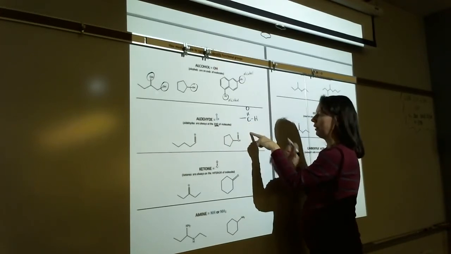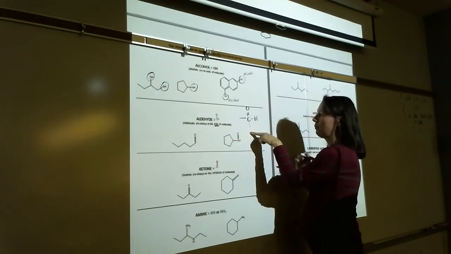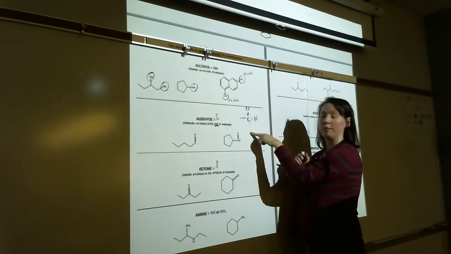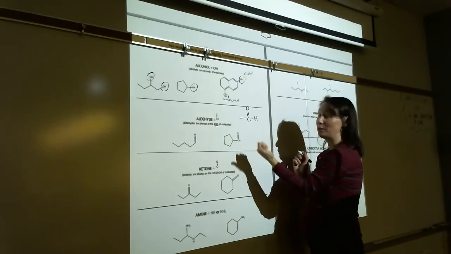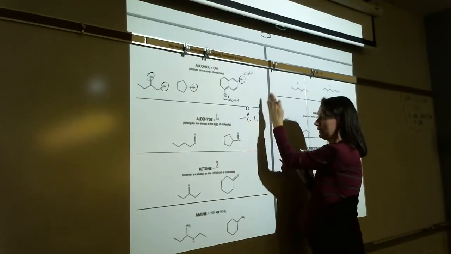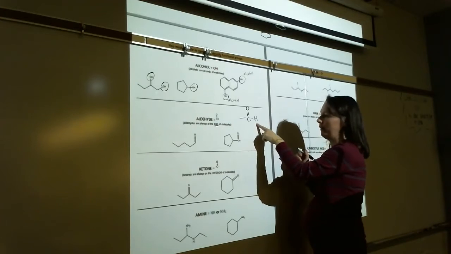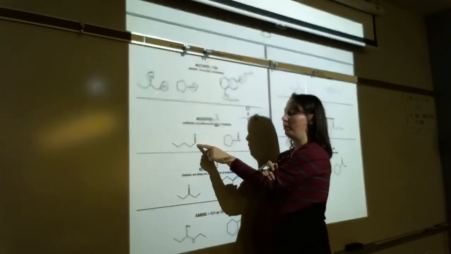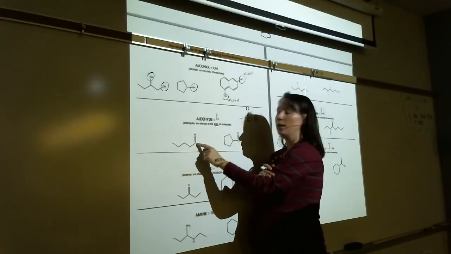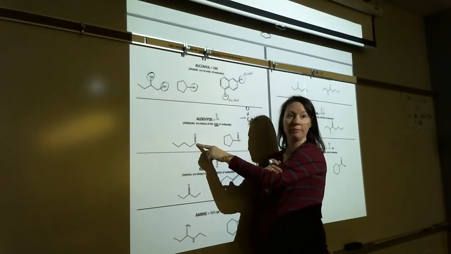If there is another bond coming off here, how many bonds would that give carbon? 5. Can carbon form 5 bonds? No. So an aldehyde has got to be at the end because that ends the chain right there, right? So you don't have to write that H, remember, because in skeleton notation, do you show H's? No, you're just imagining the H right there.